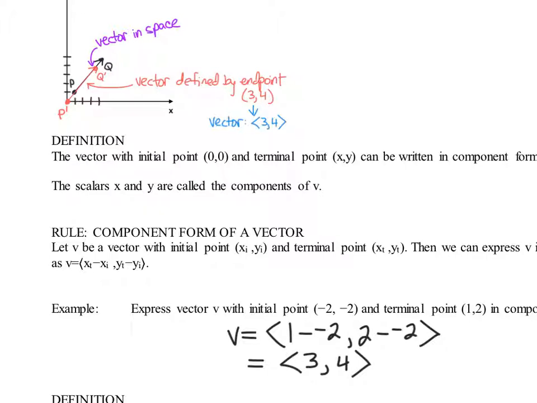But then I used negative 2, and 1, 2, which would be something like here. I'd have a point down in the negative quadrant here, and then 1, 2 would be somewhere over here. When I put it in component form, it would still give me 3, 4. Right? So it's the same vector.